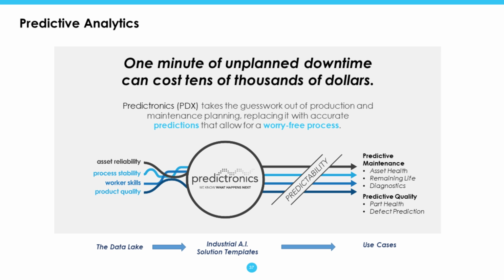And then bringing that data through the industrial AI solutions and approaches that David went through, and then presenting the results intuitively to the end user, which could be a maintenance person as part of the predictive maintenance program, or it could be the quality person or the operator of that line, where we are focusing on the part health and the part defect prediction, right?